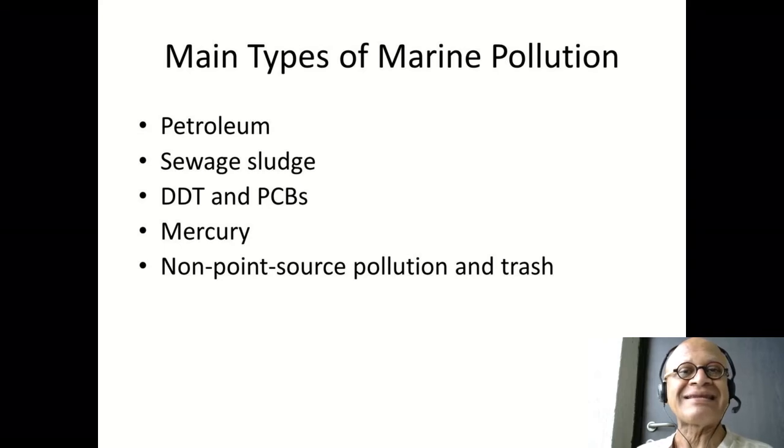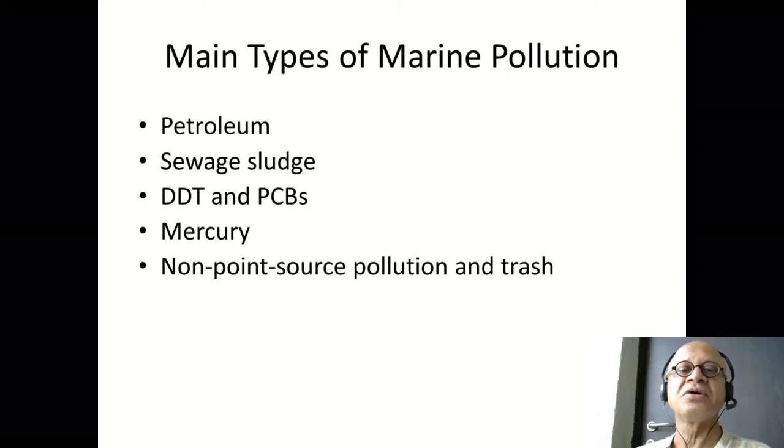dichloro diphenyl trichloroethane (DDT) was a pesticide and an insecticide that was used. It turned out to be a carcinogen, and it turned out to affect some birds, as we will see later on. Polychlorinated biphenyls, PCBs, I think, were used in electric wiring and as a chemical for various other production systems.